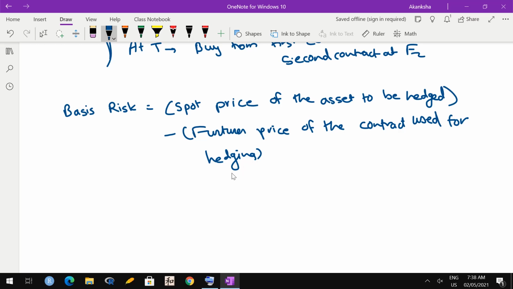Okay, this is basis risk, and let us compute basis risk at different time points in this example.